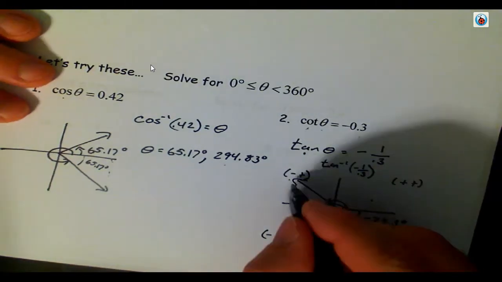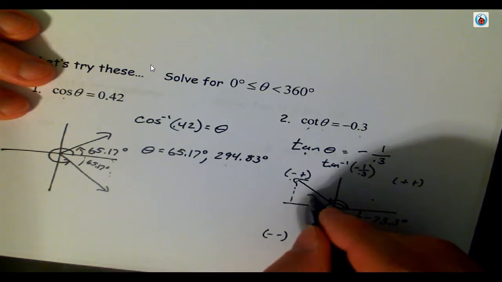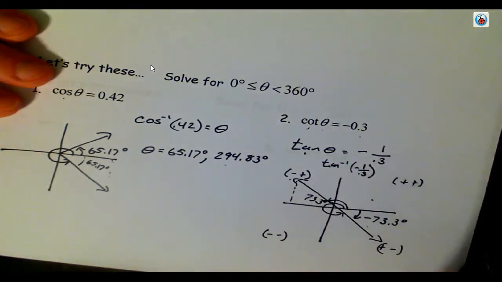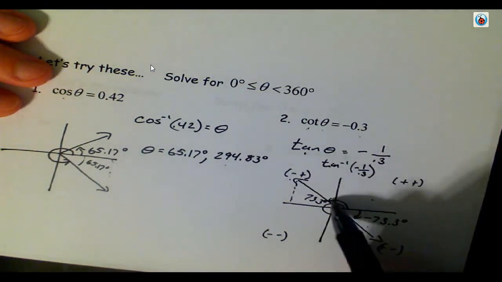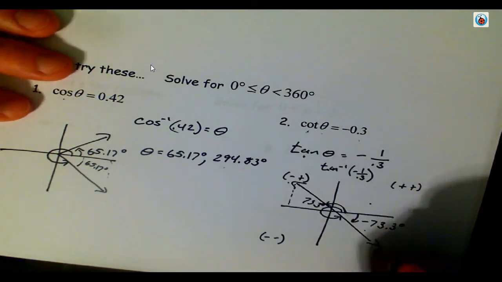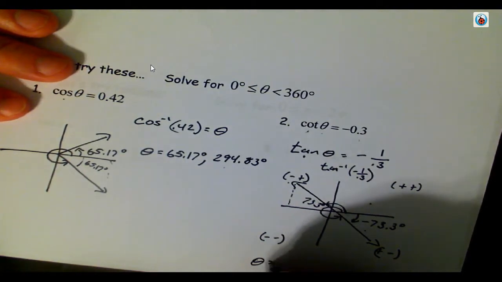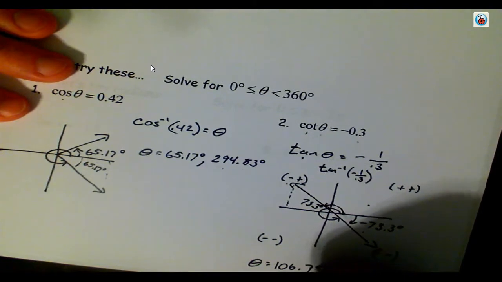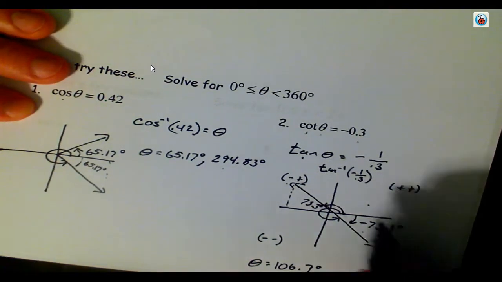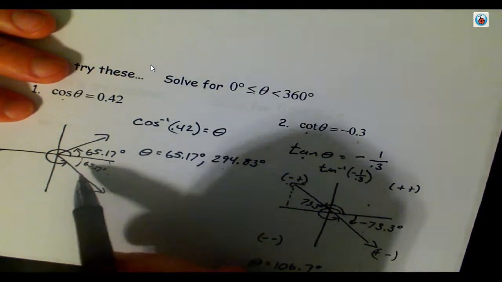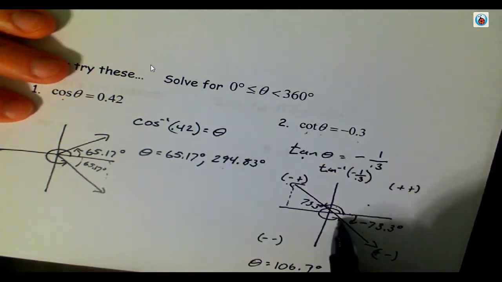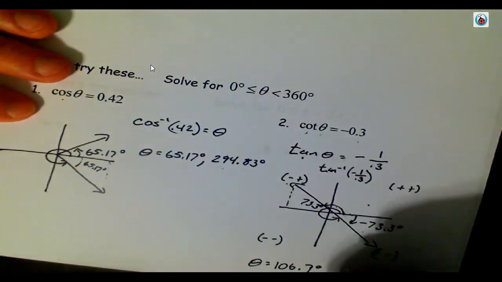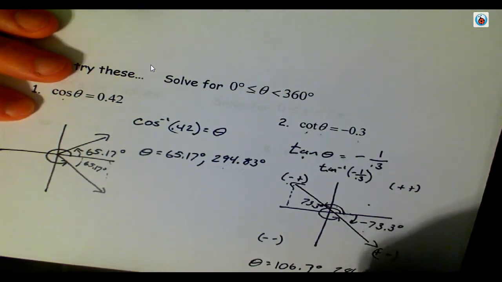Well, that means that this right here is 73.3 degrees. All I need to do is subtract from 180 to find this, which is 106.7 degrees. And then same thing as we did over here, we subtract from 360, which ends up being 286.7 degrees.